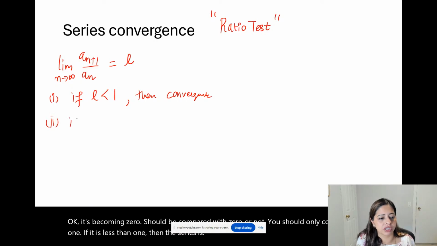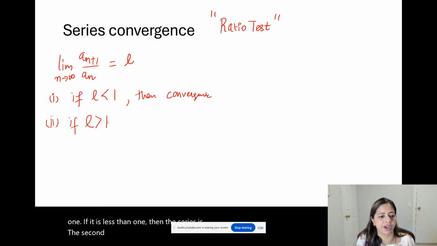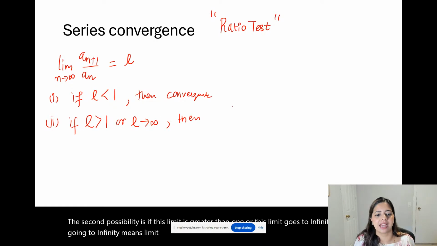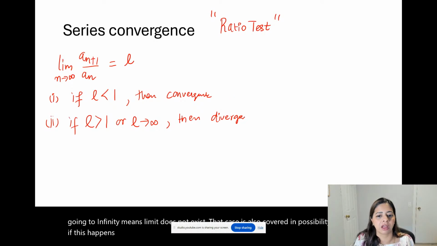The second possibility is if this limit is greater than 1 or this limit goes to infinity, right? So going to infinity means limit does not exist. That case is also covered in possibility number 2. If this happens, then your conclusion is the series is divergent.